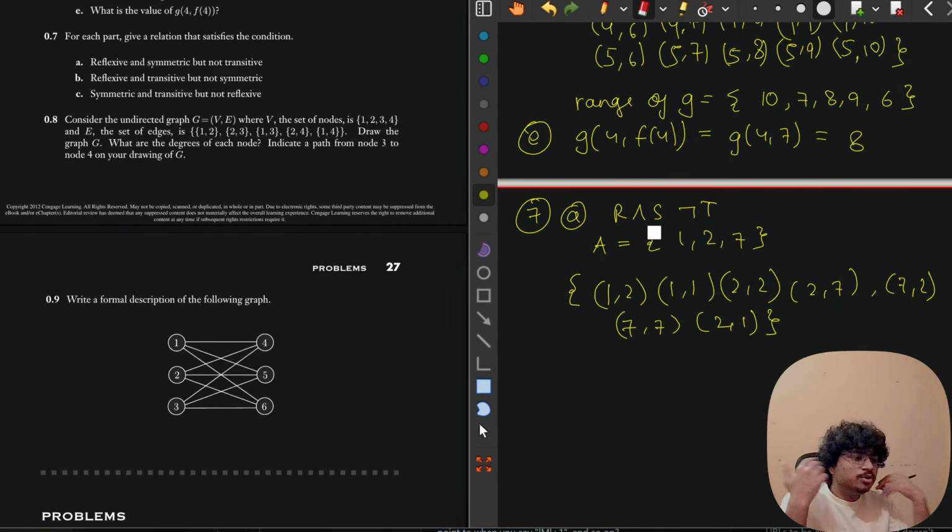So thinking about the result and then making the set is quite easier than making a set first and building a relation out of it.